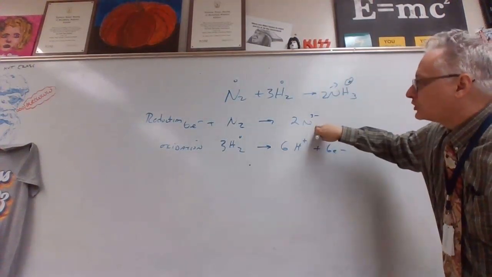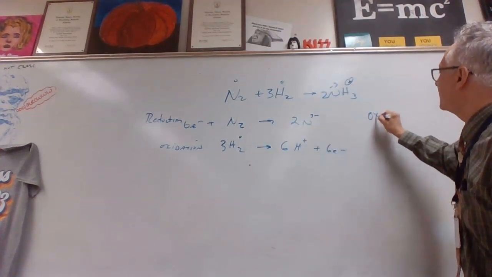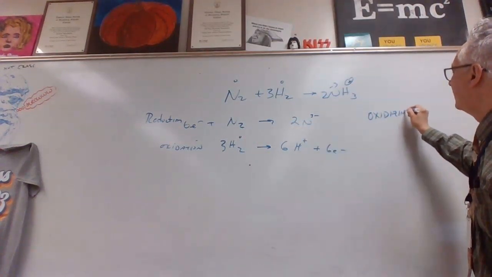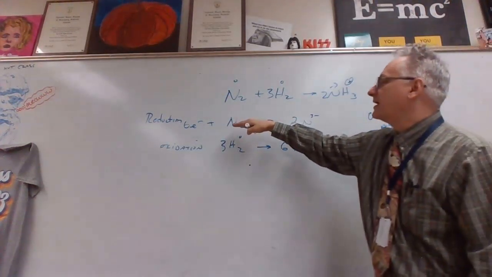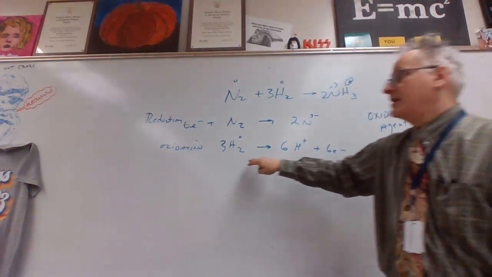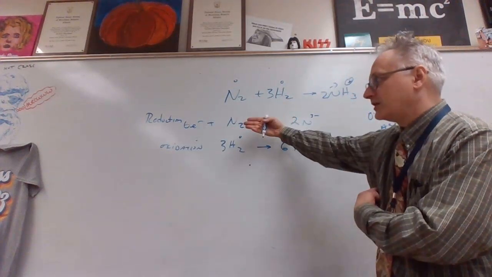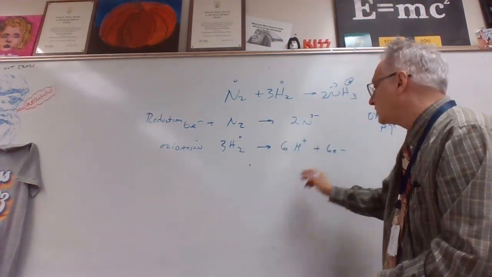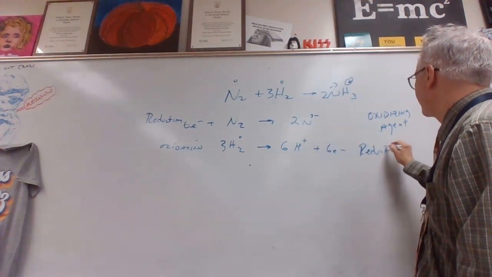Now, if this is the reduction reaction, nitrogen is called the oxidizing agent. In other words, this is the agent causing the other thing to be oxidized. Now, the thing that is being oxidized is causing the other thing to be reduced, so this is called the reducing agent.